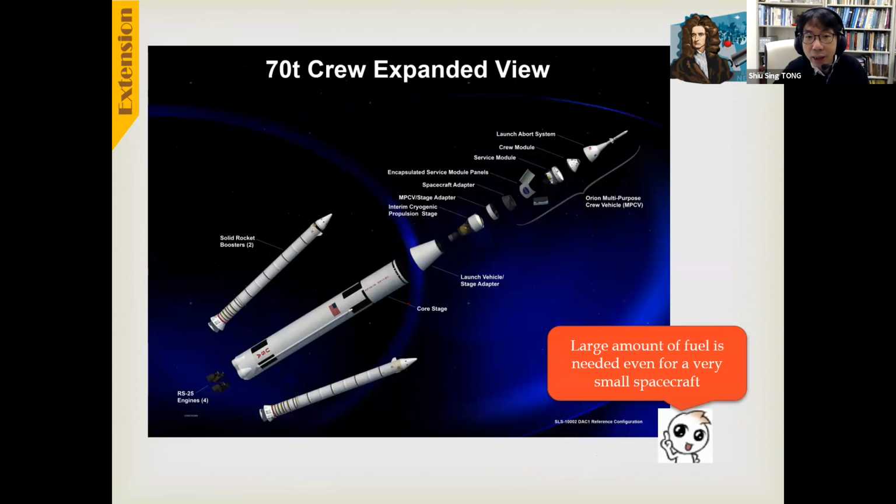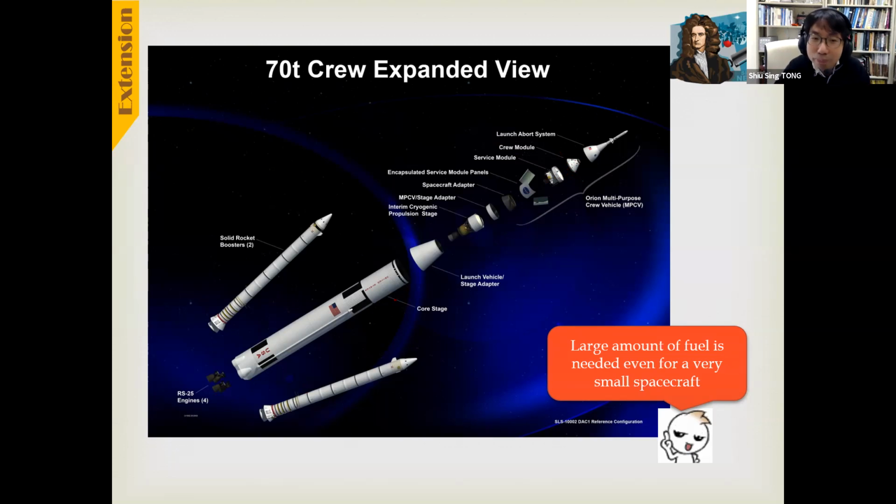Okay, so this is a real rocket. For the real rocket, you see most of the parts of the rocket are used for storing the fuel. A lot of fuel is ejected out, but you only have a very small crew capsule or service module ejected into space.